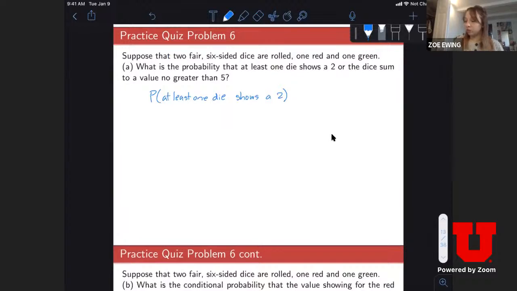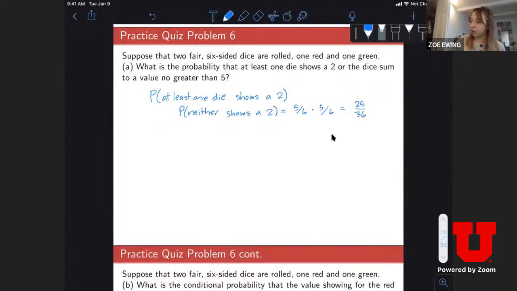Let's first find the probability that neither die shows a 2 and subtract it. So if neither of them shows a 2, then we would just have 5/6 times 5/6 because there are 5 faces that don't have a 2, and that comes out to 25 over 36.